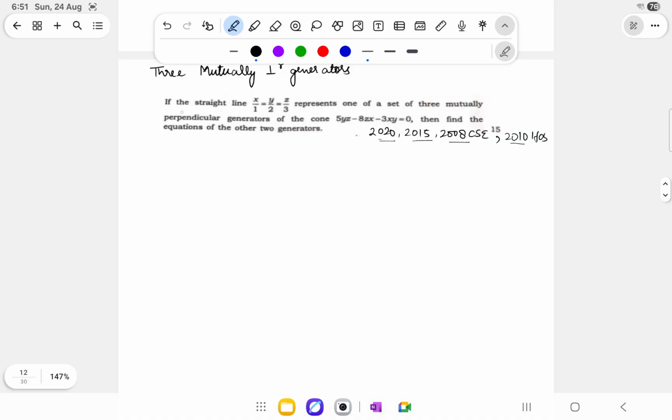So the question is, if this is a straight line representing one of the set of 3 mutually perpendicular generators of this cone, then we are supposed to find the equation of other 2 generators as well.